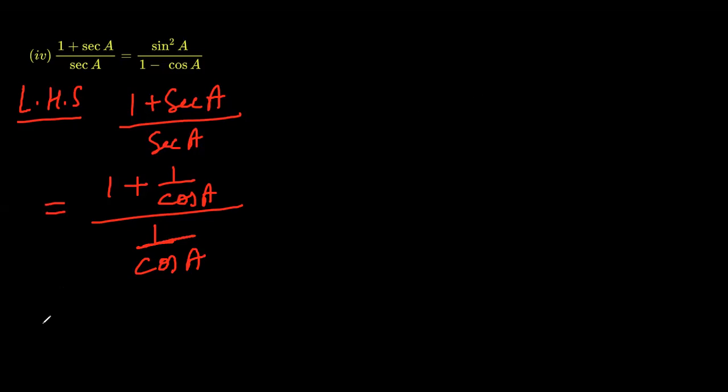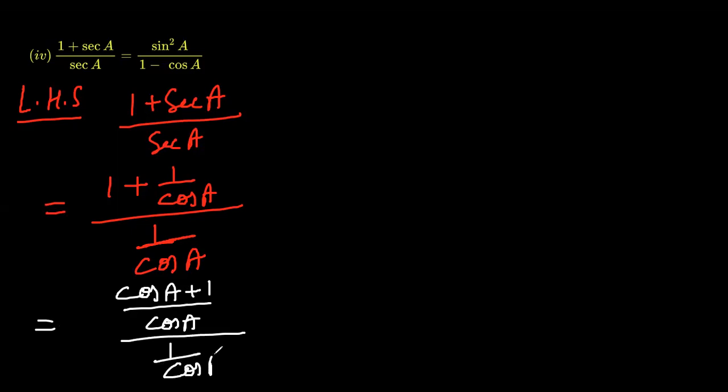Obviously we would take the LCM of the numerator. LCM would be cos a, and then we will have cos a plus 1. That's how we take the LCM, cos a plus 1. And 1 by cos a as it is, 1 over cos of a.